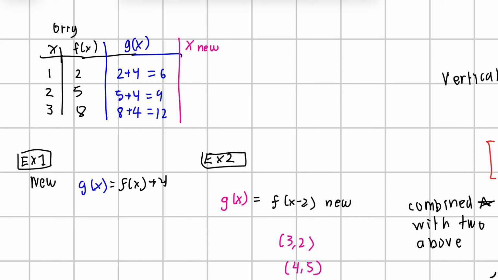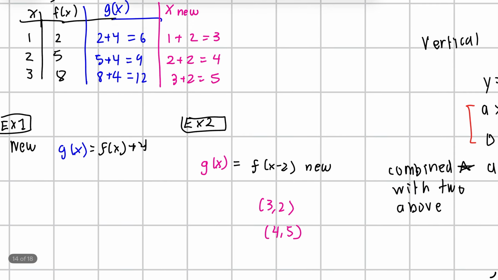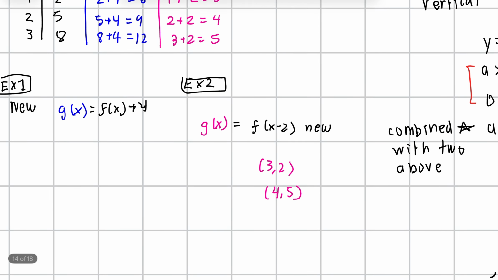It's just going to be the same values, except we have 1 plus 2, which equals 3, then 2 plus 2, which equals 4, and 3 plus 2, which equals 5. So it's just going to be the opposite of what we think intuitively.